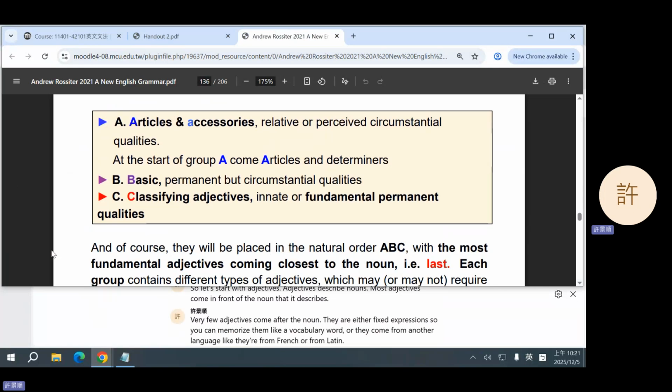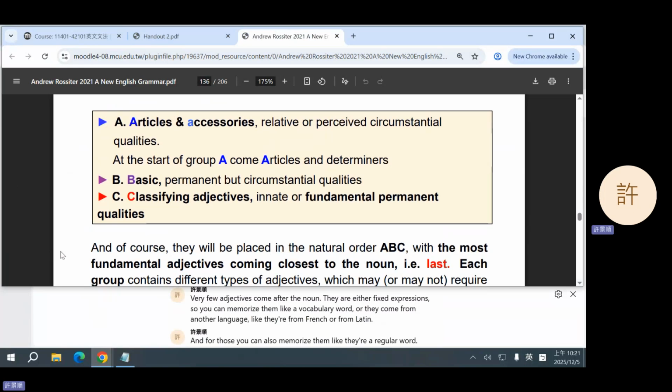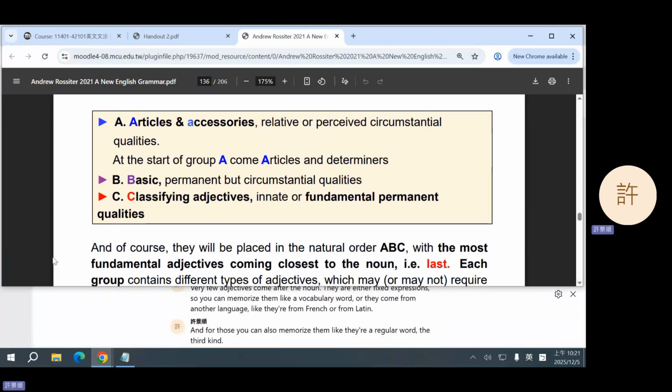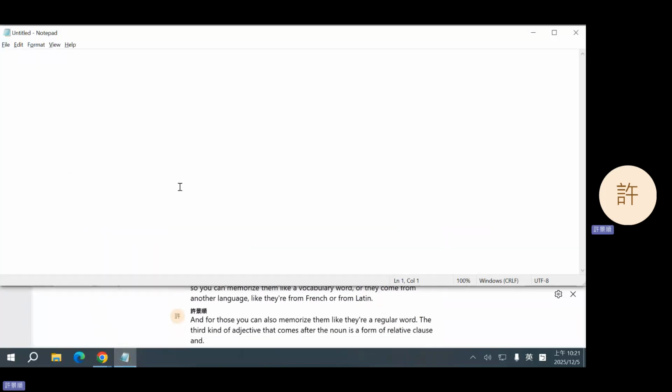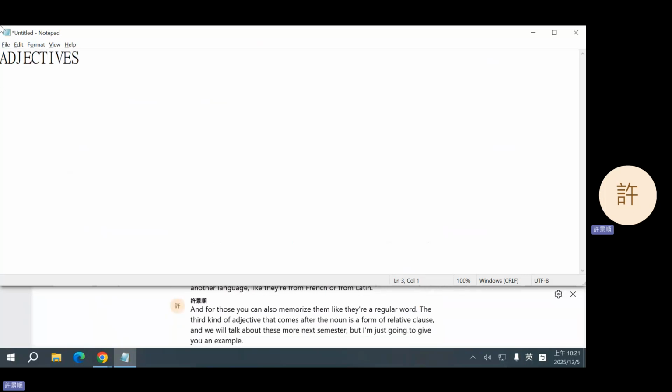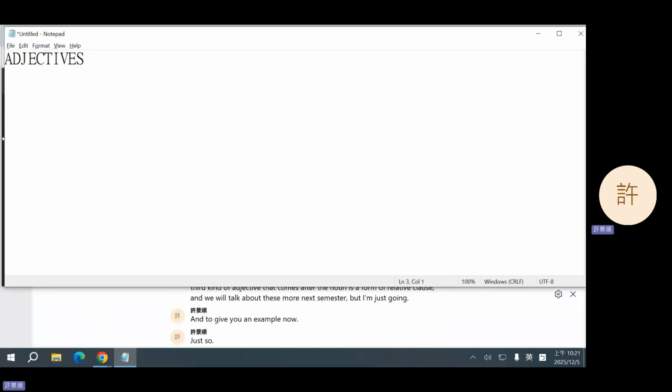And for those, you can also memorize them like they're a regular word. The third kind of adjective that comes after the noun is a form of relative clause. And we will talk about these more next semester, but I'm just going to give you an example now, just so you know what we're talking about.